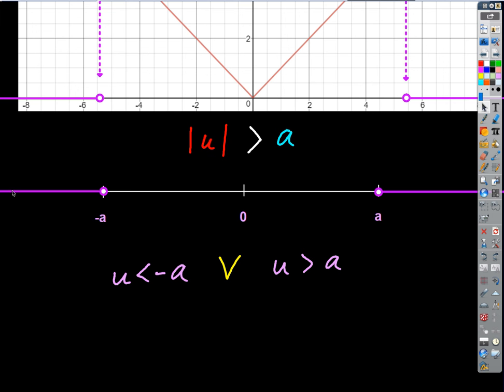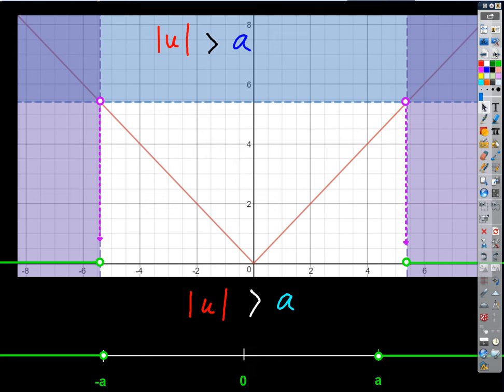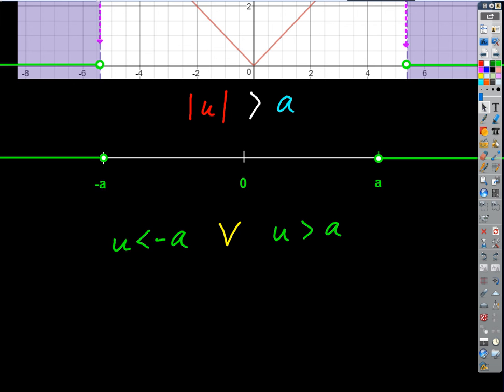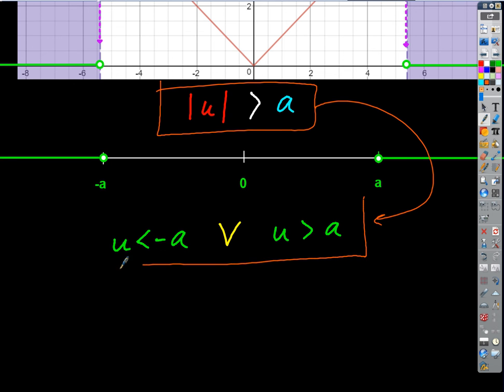And that's the trick we can always do. We can trade the one absolute value inequality that we can't do anything with for two simple inequalities that we know how to solve.